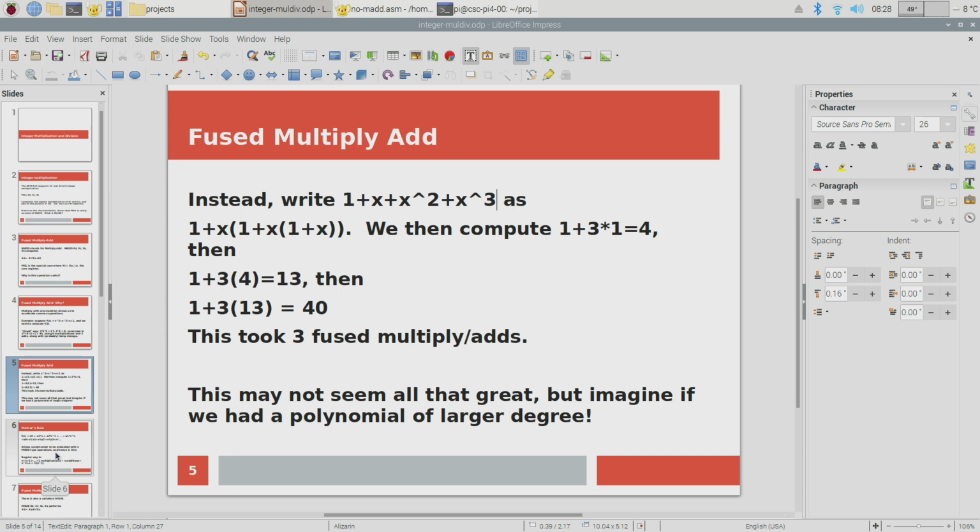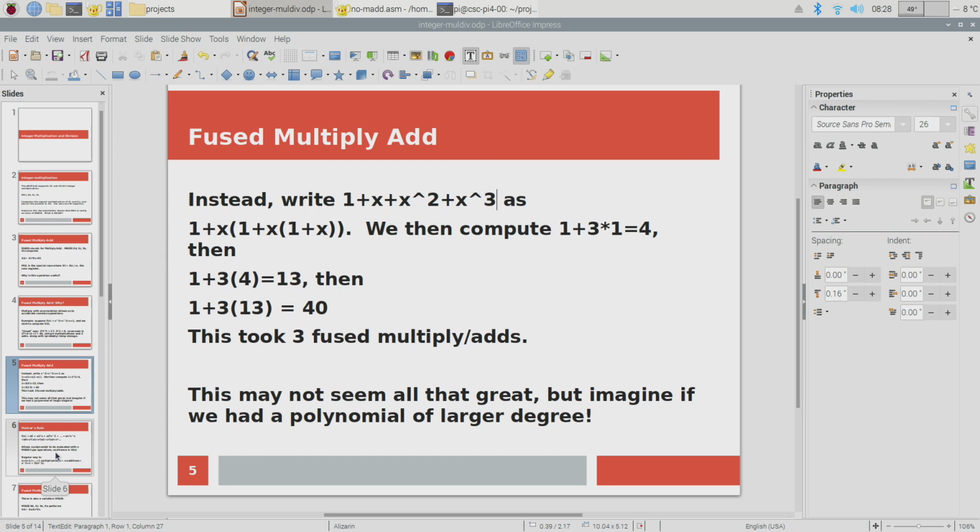Do you happen to remember what it is? 1 plus x plus x squared over 2 plus x cubed over 3 factorial plus and so on, right? So if you have a big polynomial that has both odd and even powers, you can speed this up even more by doing the odd powers here, doing the even powers there, and then putting the two together at the end. So you can get a little bit of speed up there.